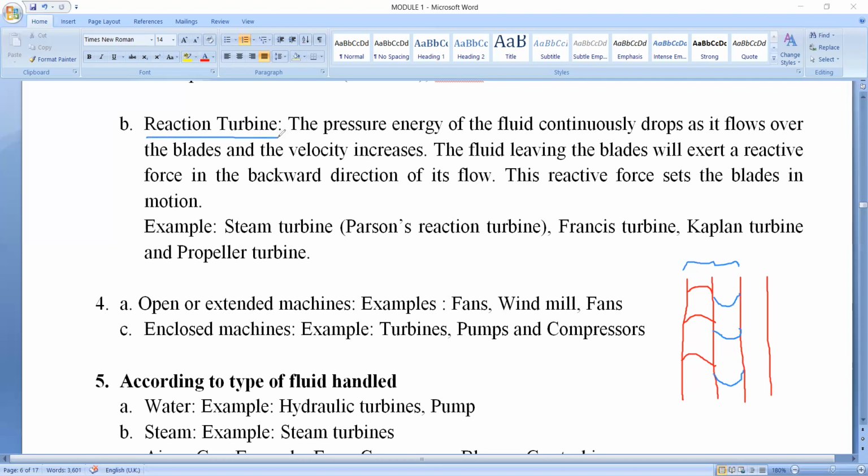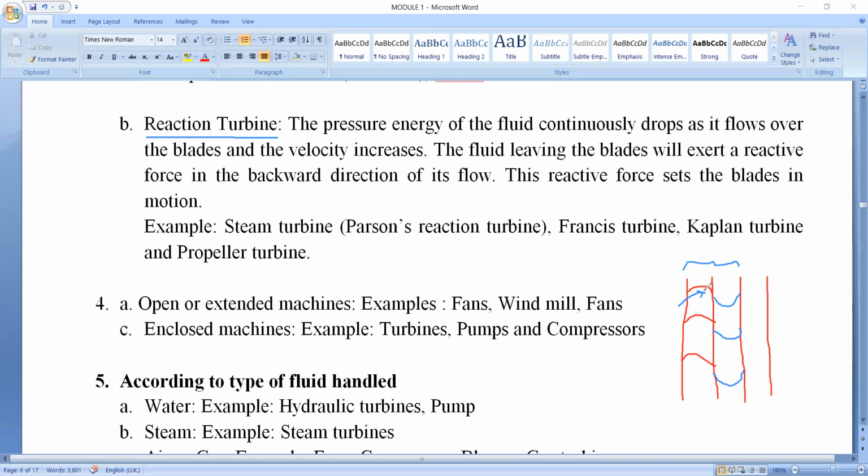Now, in case of a reaction turbine, as the fluid flows over the fixed blades, it experiences a change in direction, and very importantly, a part of the pressure energy is converted into a high velocity jet.